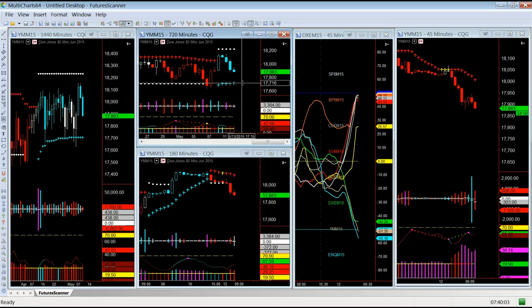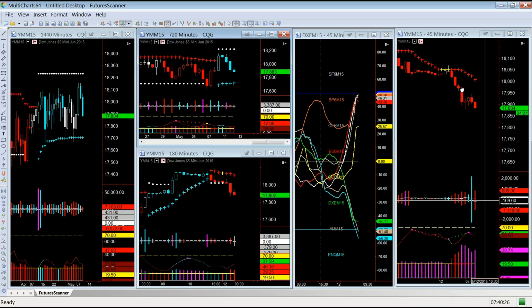If you look over on the Dow, do you see how this bar made that extreme high? Do y'all see that? And who controlled that bar, buyers or sellers, guys? What does the bar formation tell us?